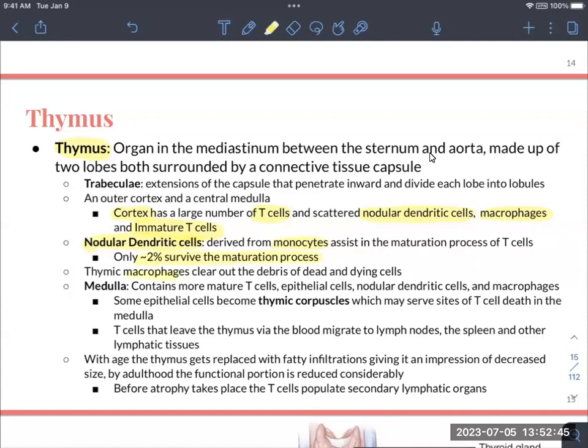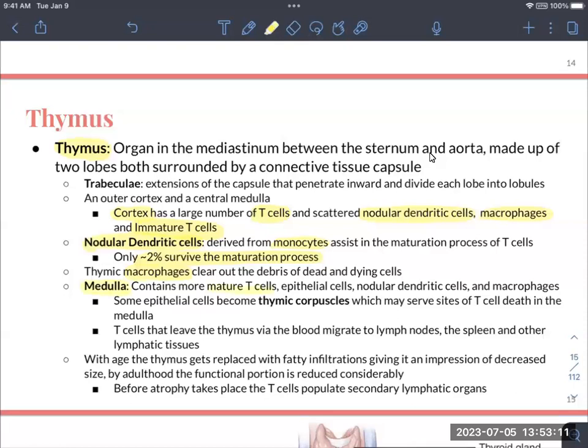The macrophages, those are the ones that can phagocytize. They come in and engulf, eat up, kind of break apart different things and spit it back out. So these macrophages are going to clean up all these dead and dying cells that did not survive the maturation process. The medulla.